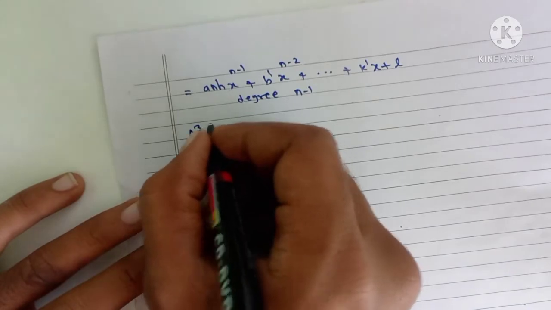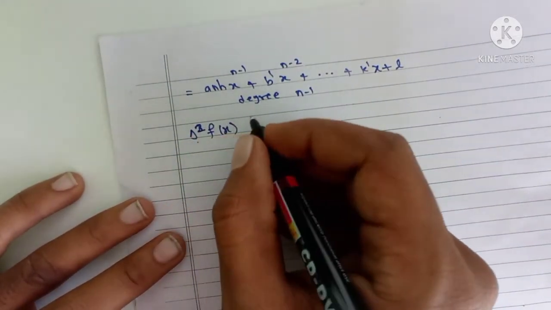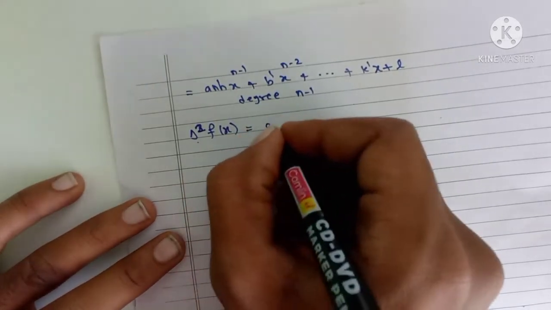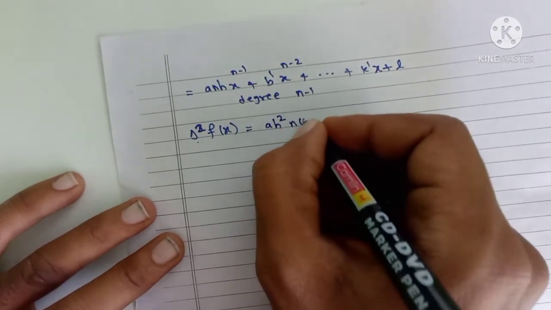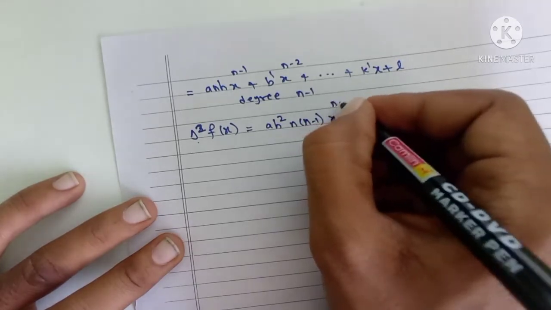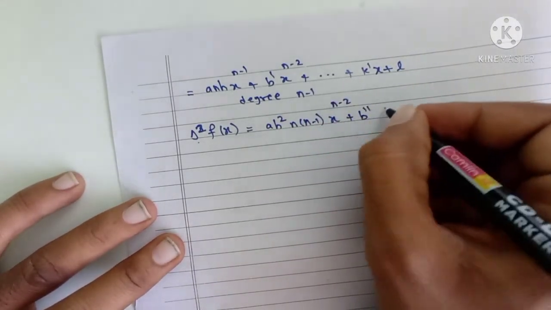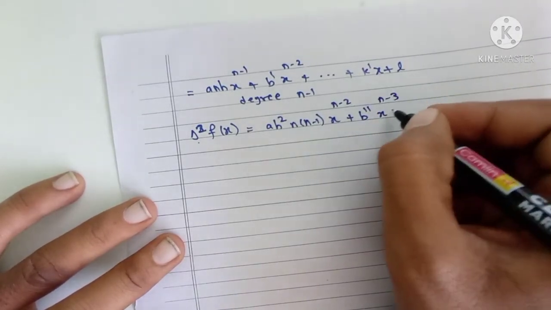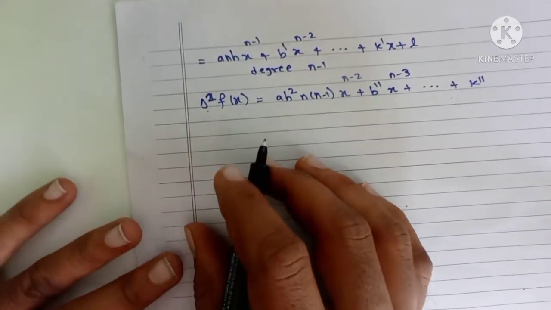So delta square f of x will be the polynomial a h square n into n minus 1 x raised to n minus 2 plus b double dash x raised to n minus 3 plus and so on plus k double dash.